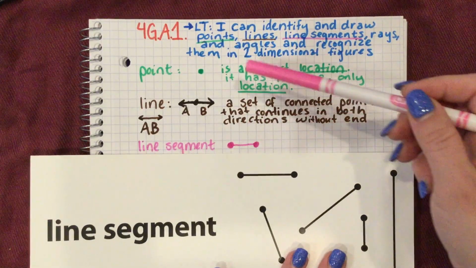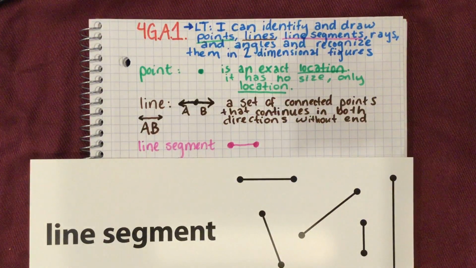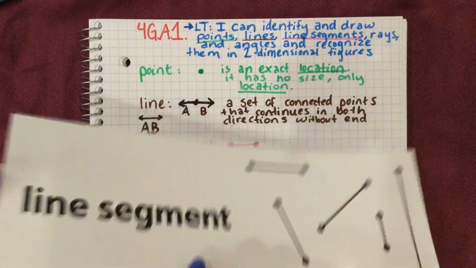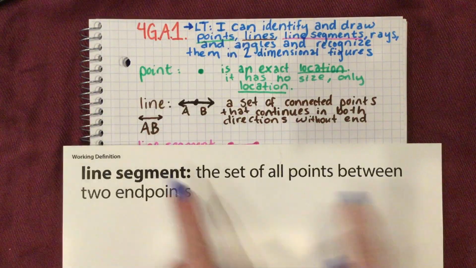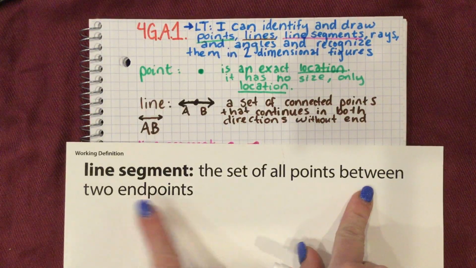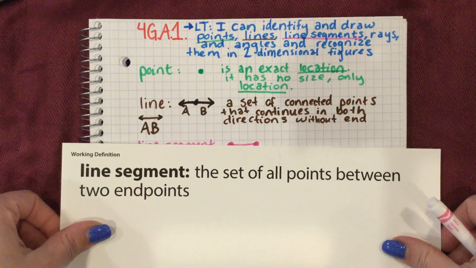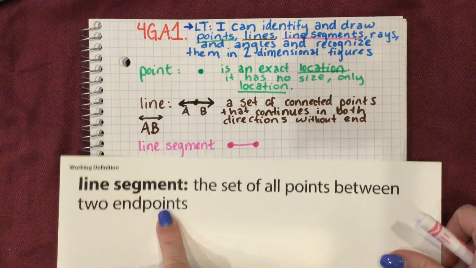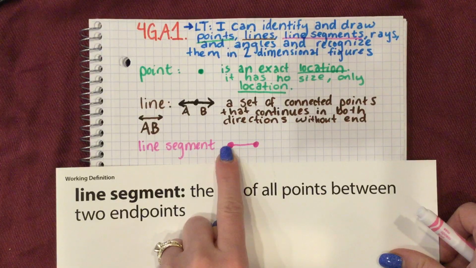See if you can take what you know about points and lines to see if you can figure out what a line segment is. Pause the video and see if you can figure it out. All right, so a line segment is the set of all points between two end points. That's what these guys are. These are the end points.